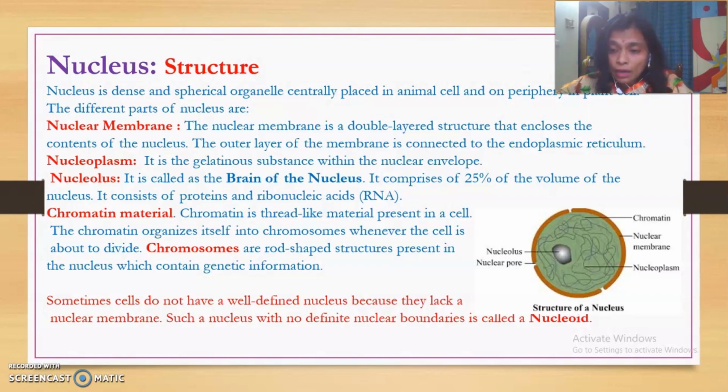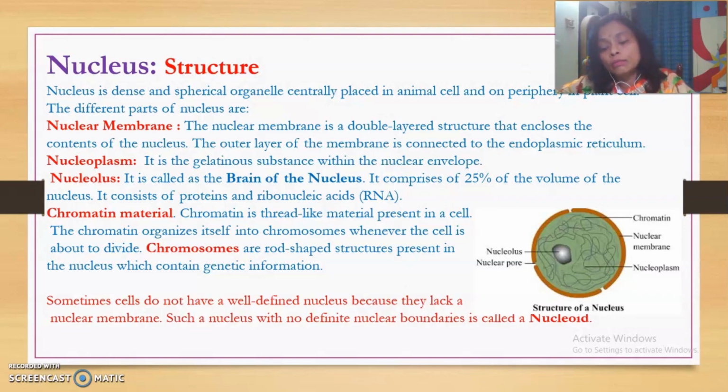Then comes another very major, very important part of the nucleus, the nucleolus. We also call it the brain of the nucleus. In the diagram you can see the purple portion is the nucleolus. It occupies about 25% volume of the total nucleus.